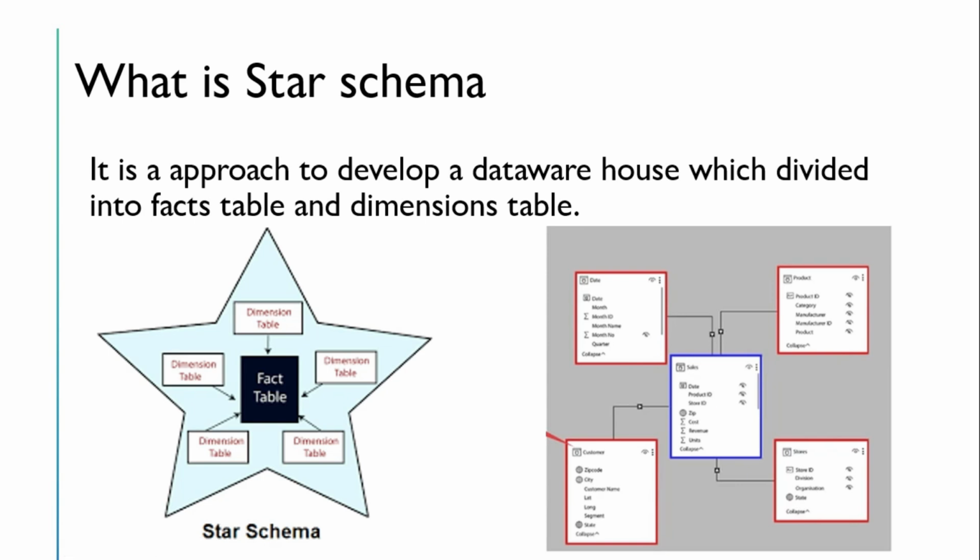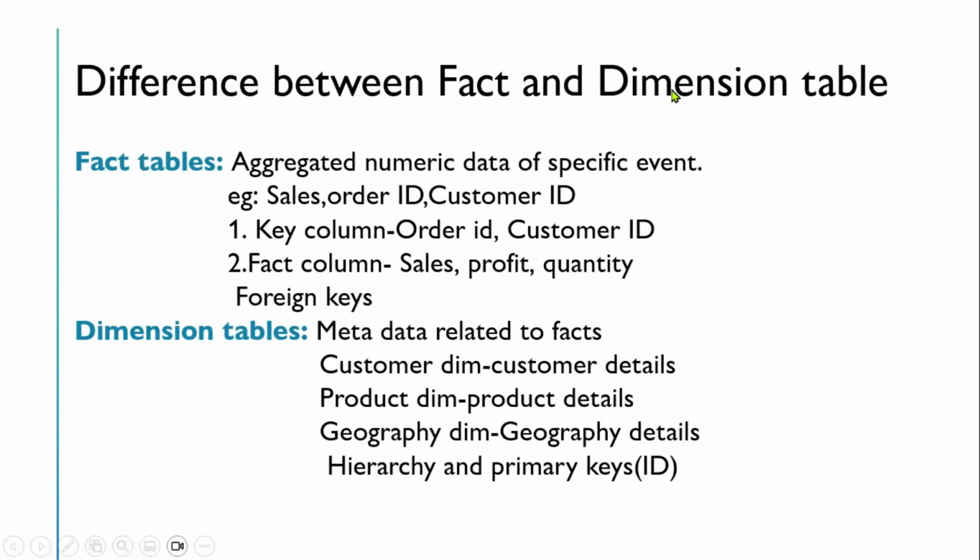Now let's see what is the difference between fact and dimensions. Fact tables are your aggregated numeric data of a specific event. This table holds core sales transaction data. It includes attributes like sales, customer ID, product ID, profits, etc. A fact table includes two types of fields.